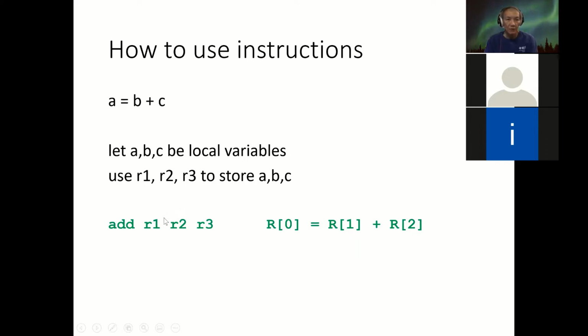So in our instruction, we have only registers, right? So we need to know what register is associated with what variable. Okay. So this line is important, otherwise you cannot read the instruction. So let's say we use R1 to keep A, R2 to keep B, R3 to keep C. So this statement becomes just one instruction. Okay, add R1, R2, R3.